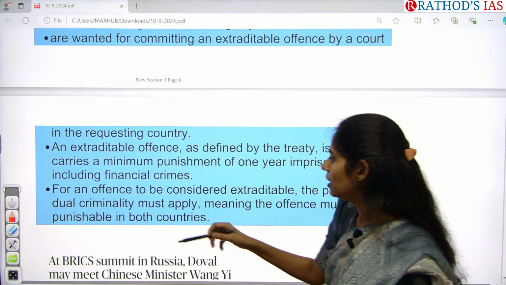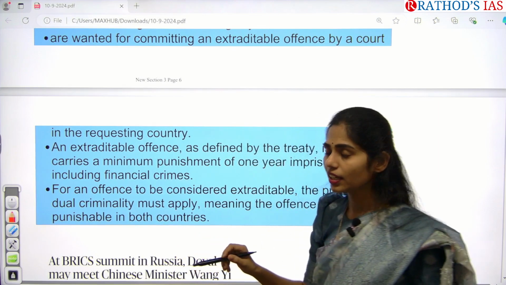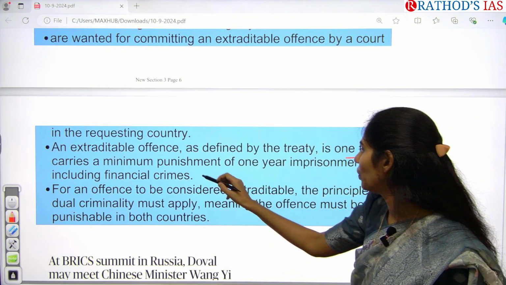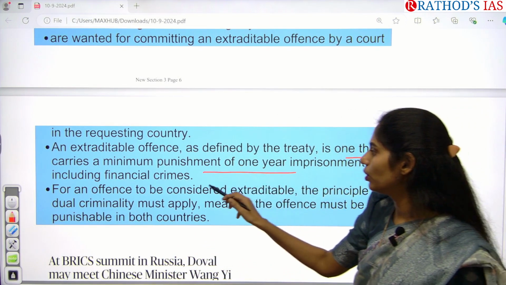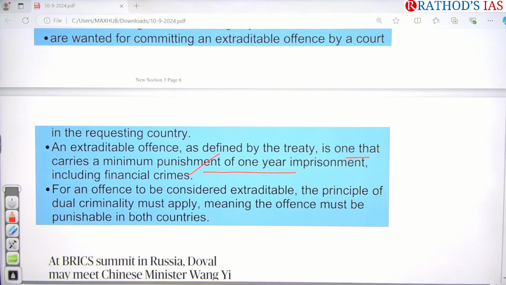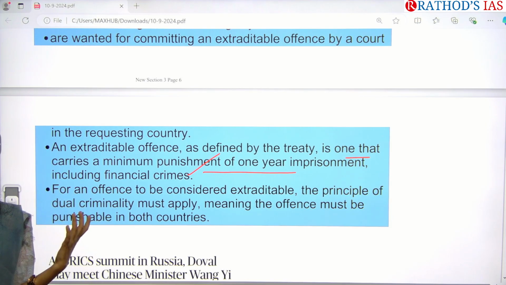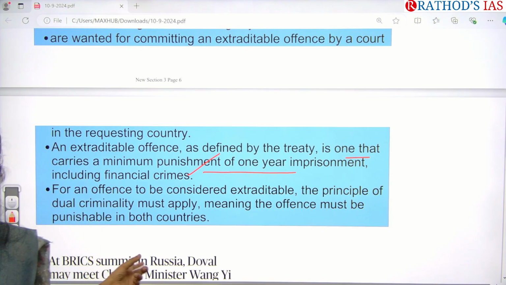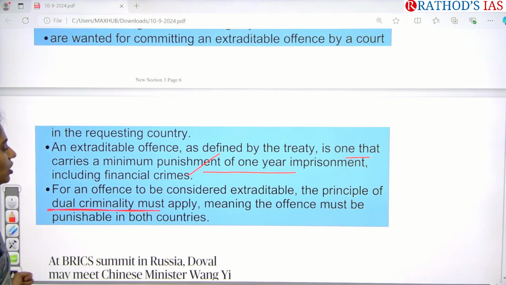And for example, if that crime requires a punishment of at least 1 year of imprisonment, including some financial crimes, those cases can be extradited. If the cases require imprisonment of less than 1 year, this extradition treaty will not apply. And you also have to see the principle of dual criminality. That means the offense should be punishable in both countries. Only then will this extradition work.